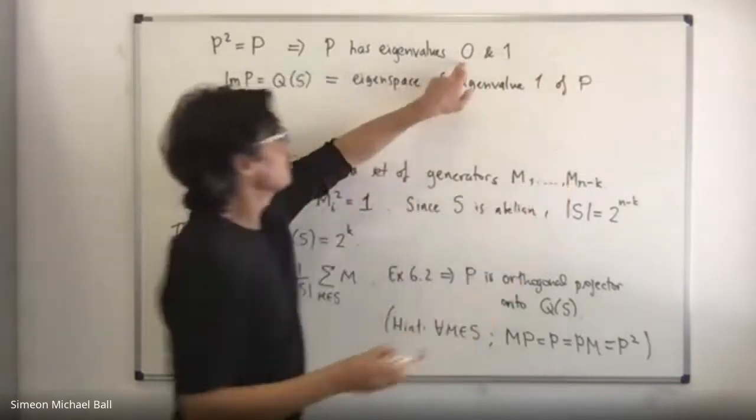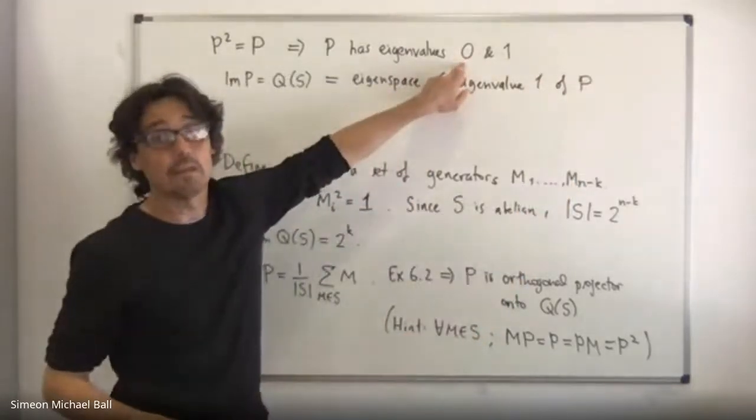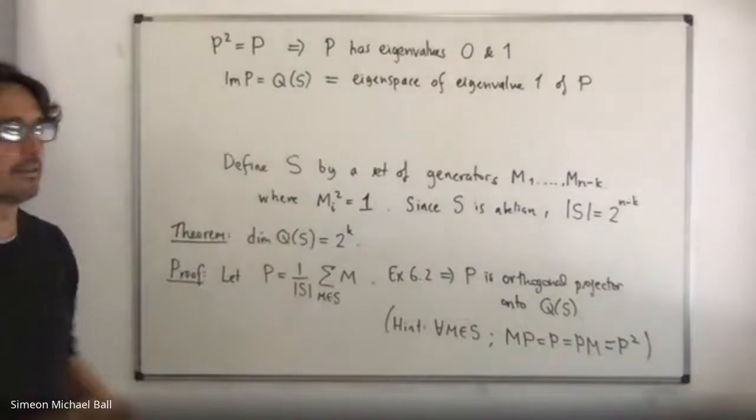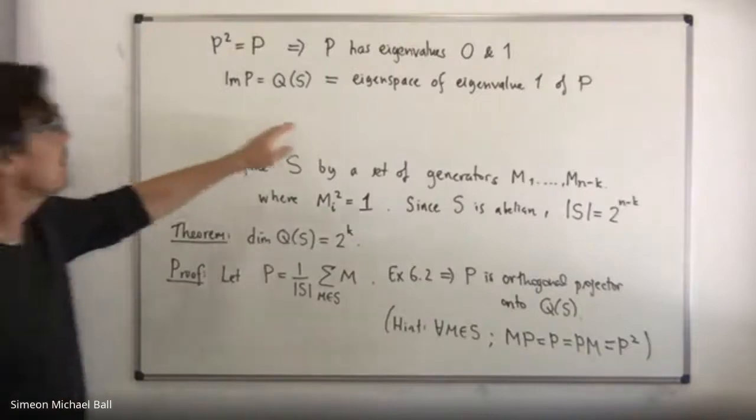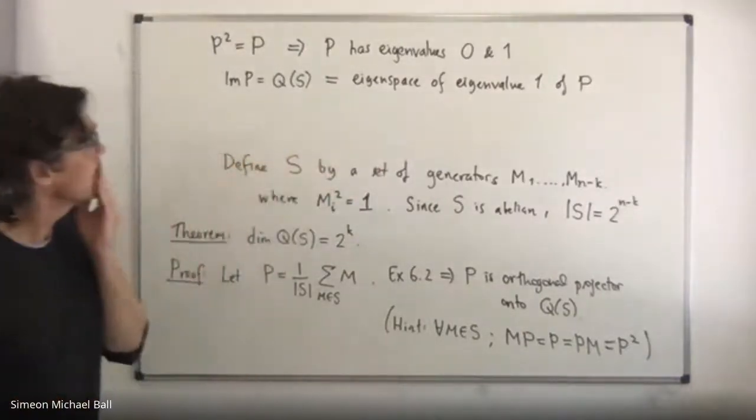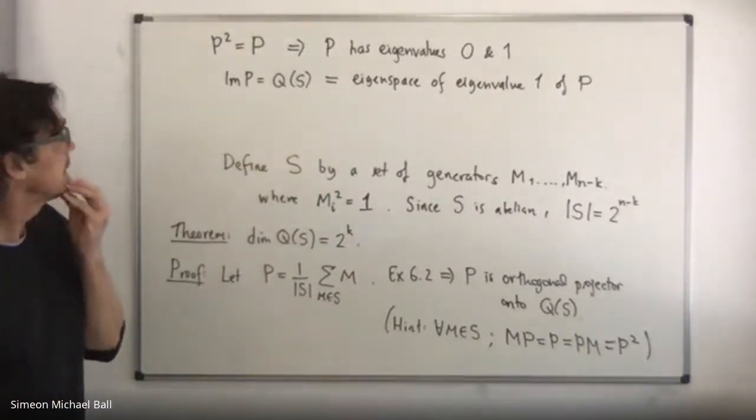So everything else is in the kernel, the direct sum of the other eigenspaces. The image is the eigenspace of the eigenvalue 1.